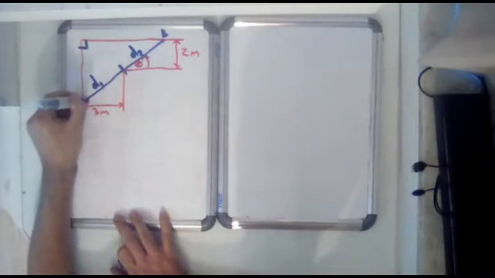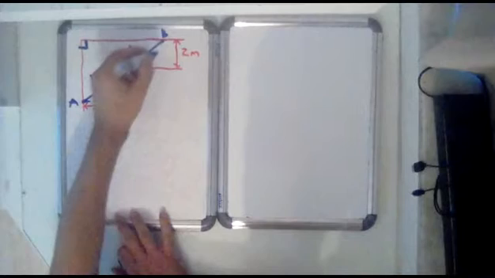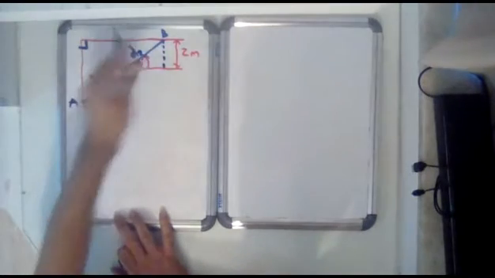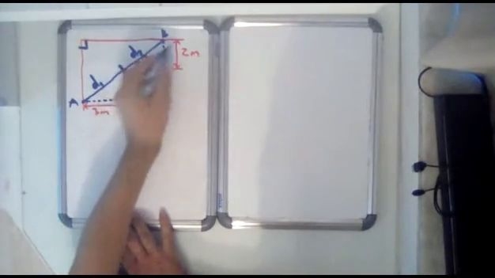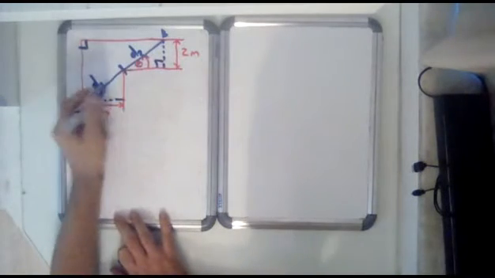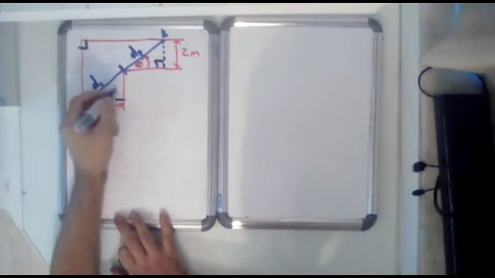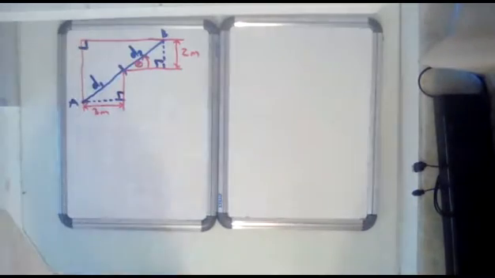So I'm going to go ahead and draw a line like that and a line like that. This line is parallel to this line here, that makes a right angle, and this line is parallel to this line, and this line also makes a right angle. Very handy.